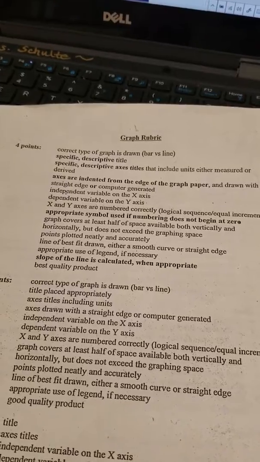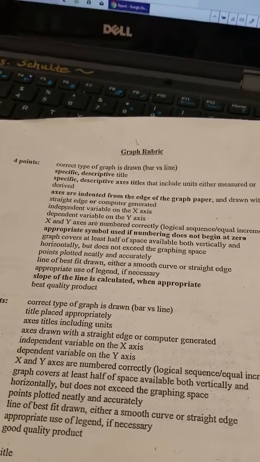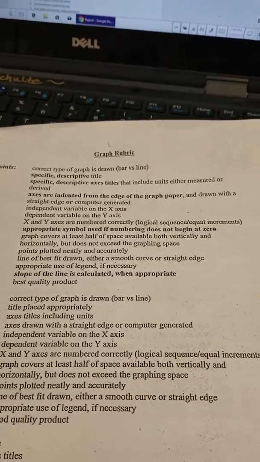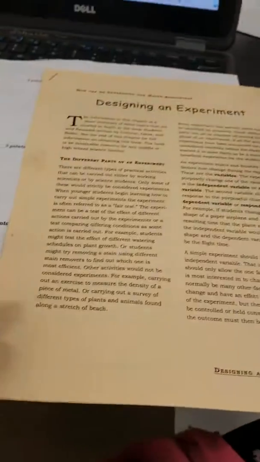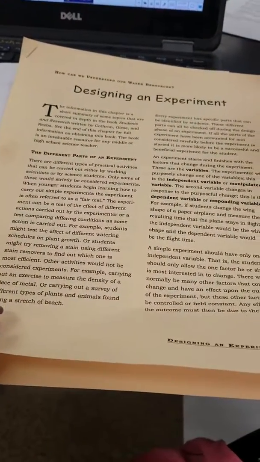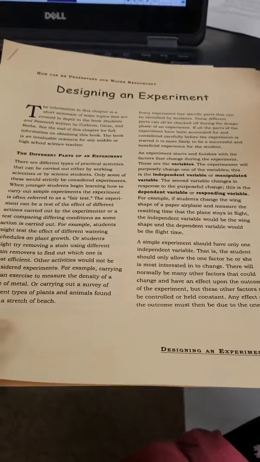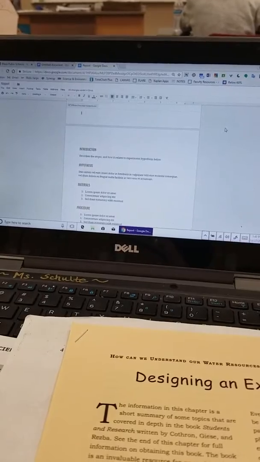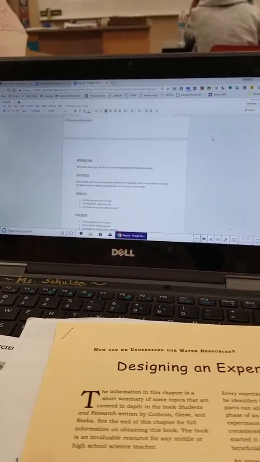I'm going to have the type of graph with a descriptive title, label the axes, all that other fun stuff. And I'm going to continue going through the materials that I have about this project and adding information from those materials into the actual document that I'm going to be submitting, so that I know I don't forget anything.